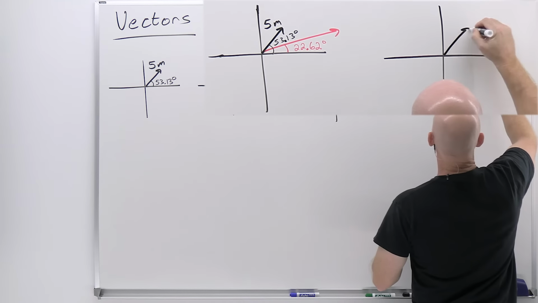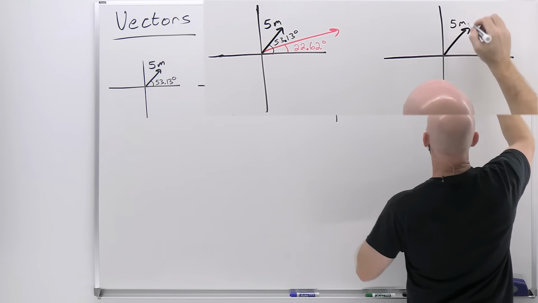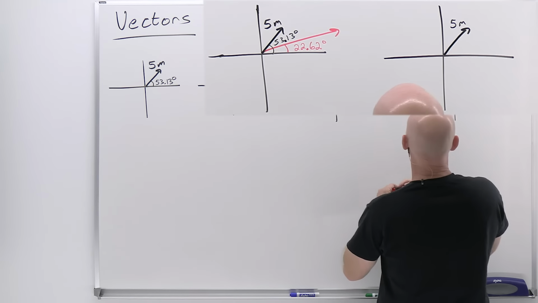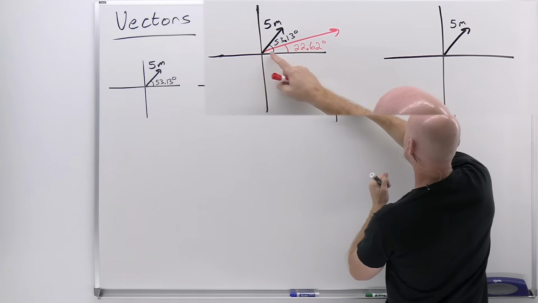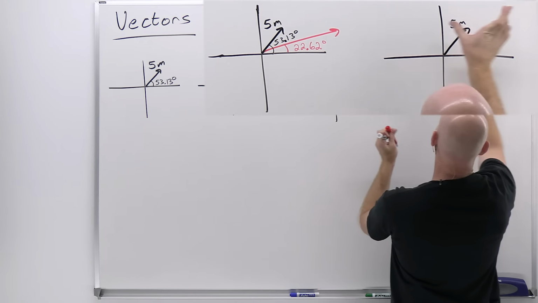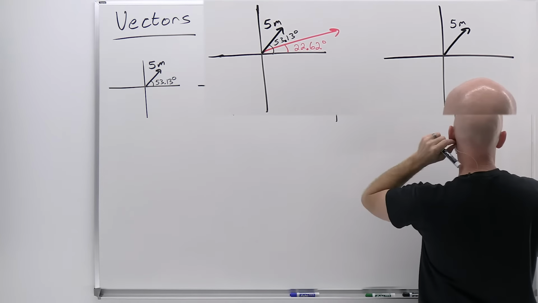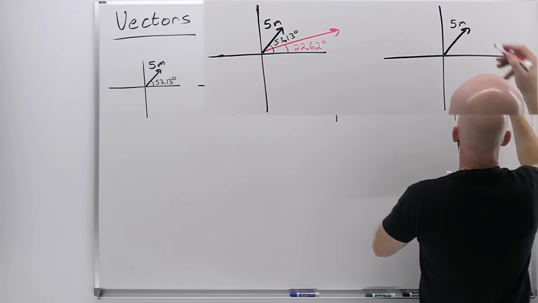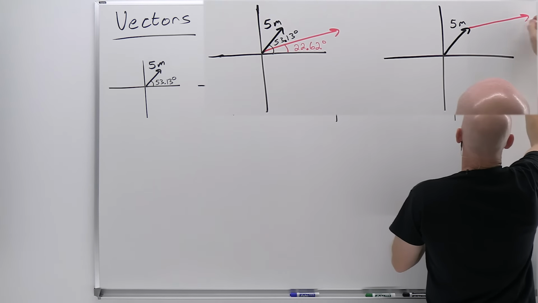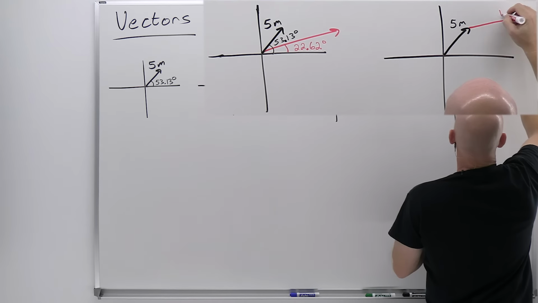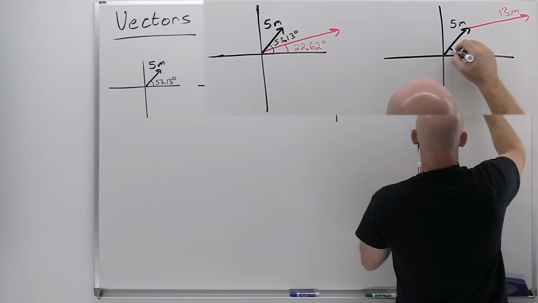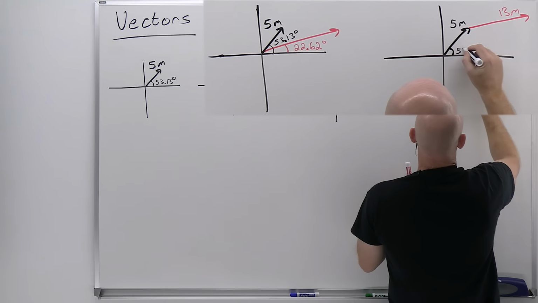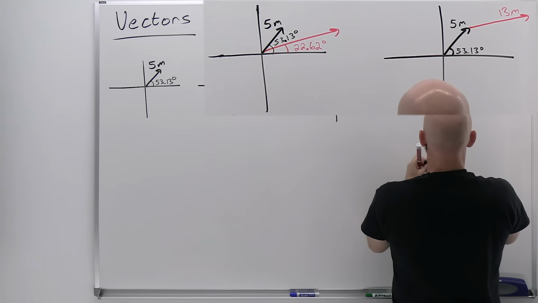Draw it from the origin. And again, that's 5 meters and an angle of 53.13 degrees. And then, tip to tail, I'm now going to start the tail of the other one at the tip of that one and transpose it right over here. So this angle right here is 53.13 degrees.